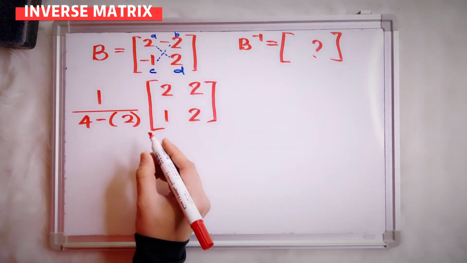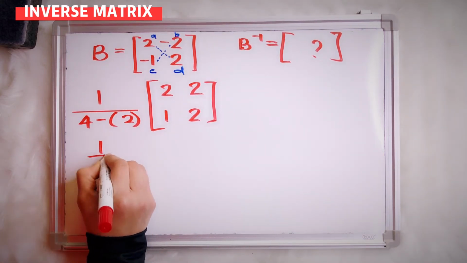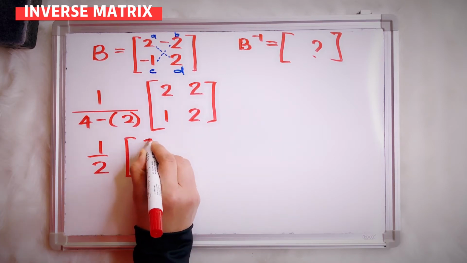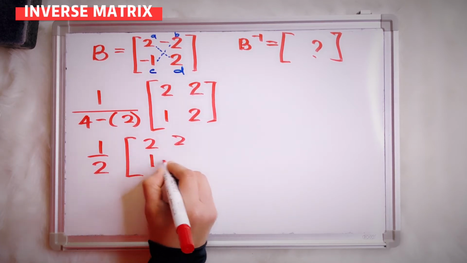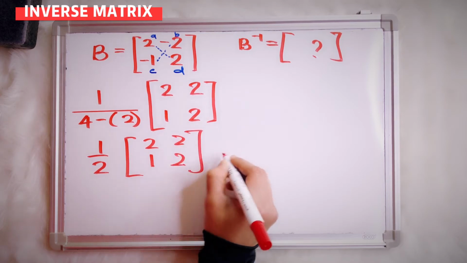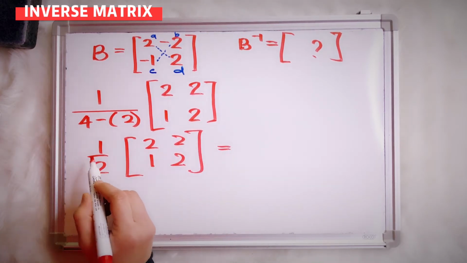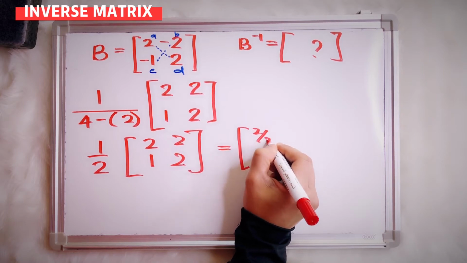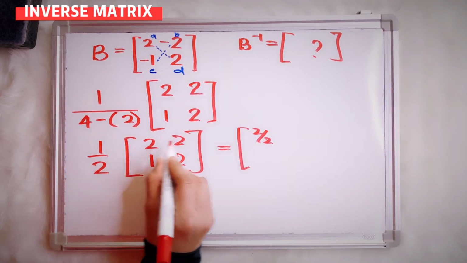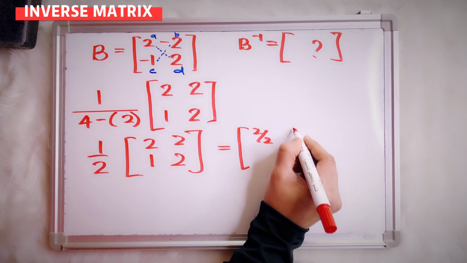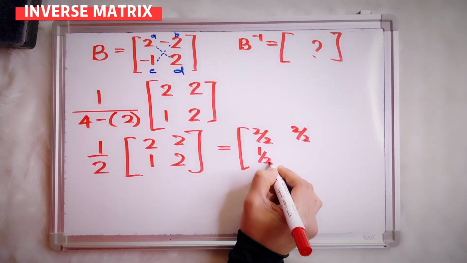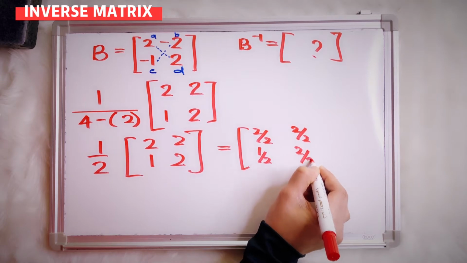So now 1 over 2, you multiply with 2, 2, 1, 2. So you will have 2 over 2, 1 over 2, 1 over 2, 2 over 2.